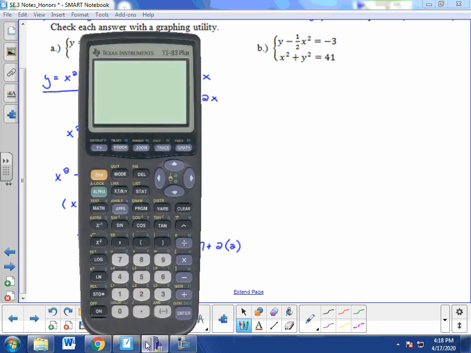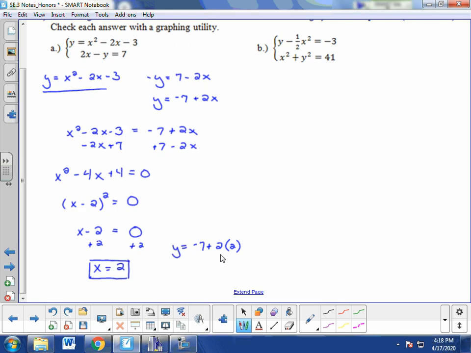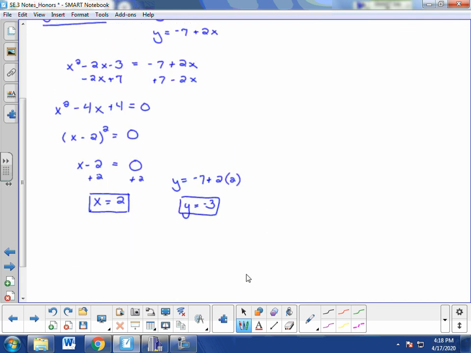If I want to type that into my calculator real quick, or if you can do that mentally, that's okay. y equals negative 7 plus 2 times 2, and that answer would be negative 3, so y equals negative 3. We could represent this as the solution of x and y. We could also represent this as the coordinate pair 2, negative 3. Either way would be an okay way to represent the solution.